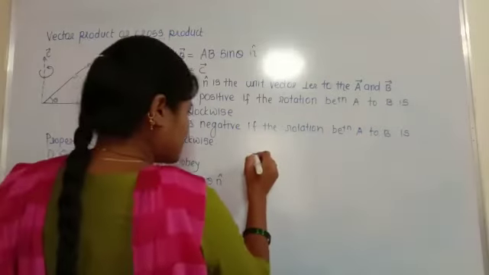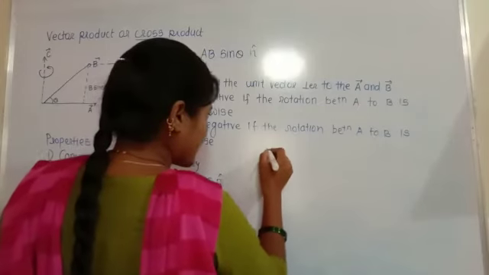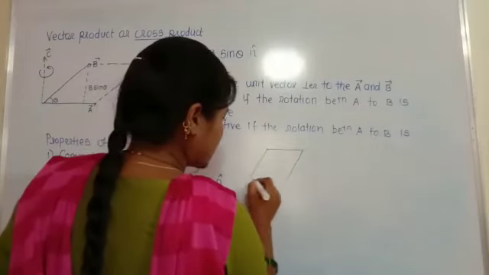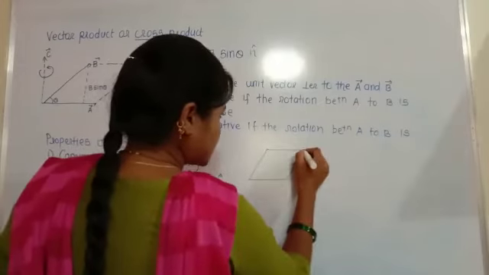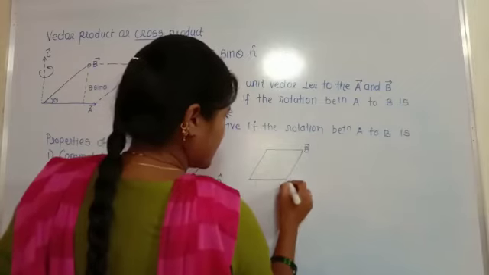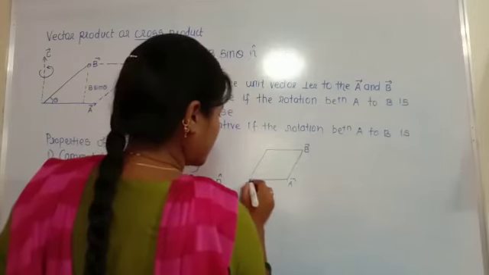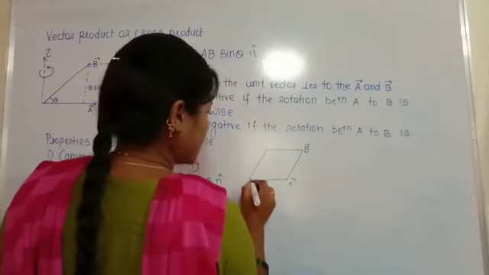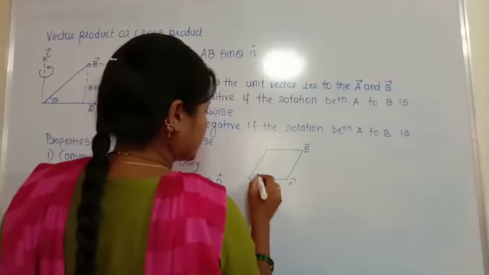So here we draw the diagram. This is the parallelogram structure. This is the vector B, this is the vector A, and there is the angle theta. Okay.